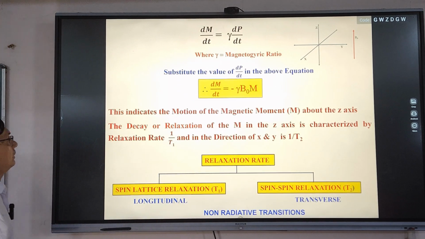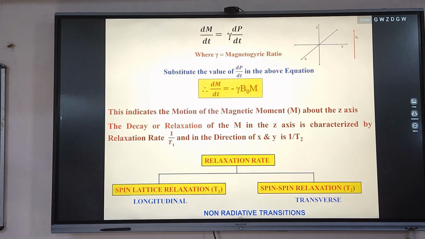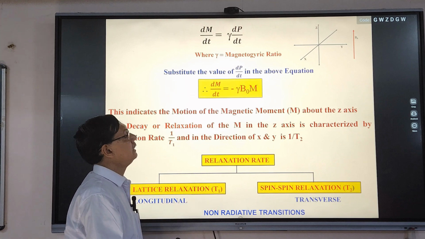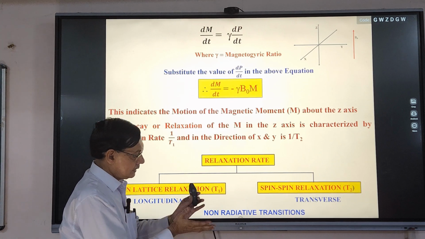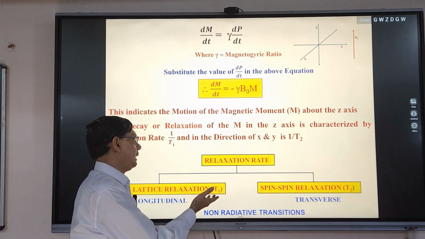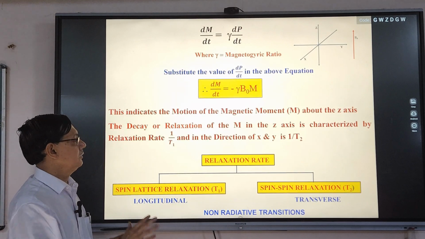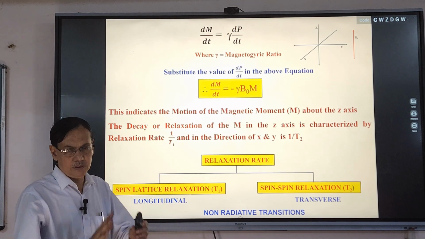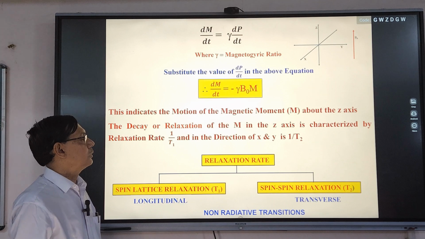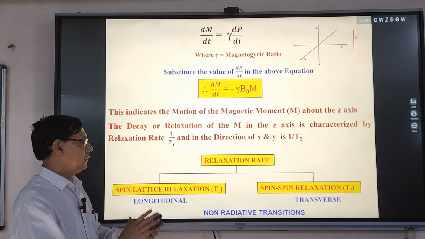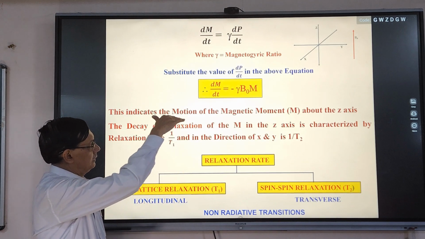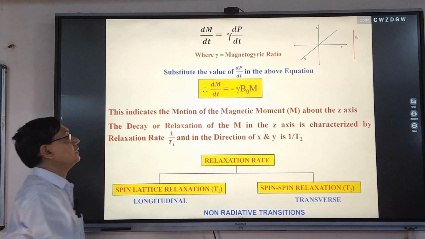Now, the most important part: when we place this sample in an external magnetic field, you know that there is a flip between lower energy and higher energy, and that is exactly equal to the radio frequency region. Therefore it is called resonance. So when it resonates, or absorbs this radio frequency, it releases that energy.